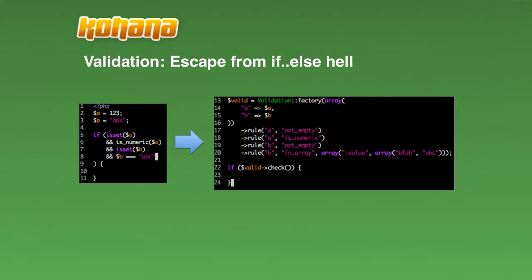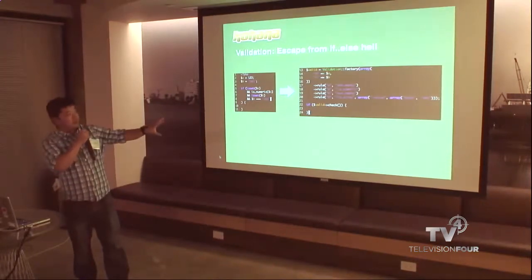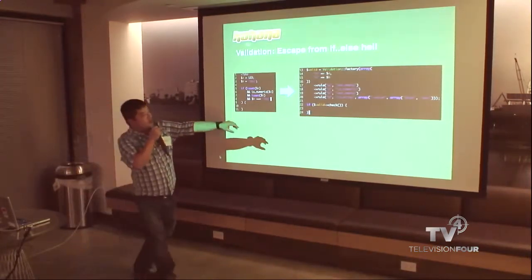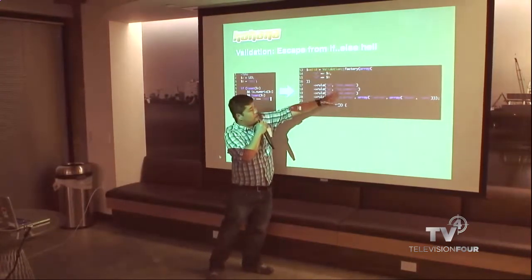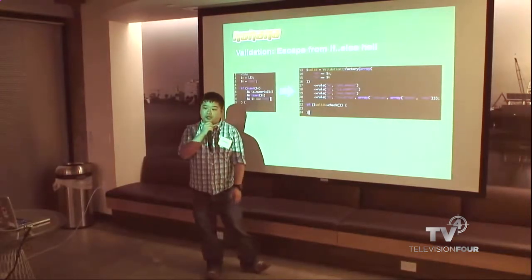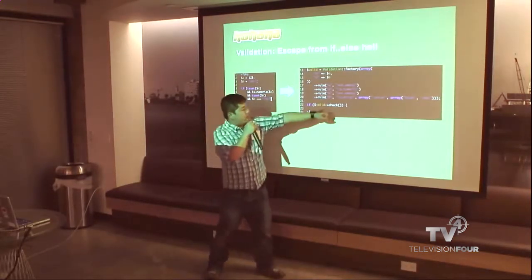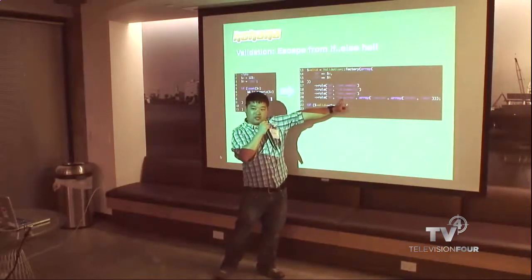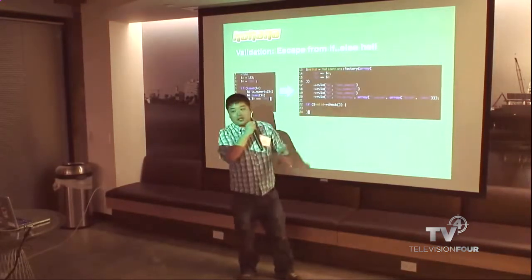So that's extremely useful, especially in the web space. We all know never trust the user input, right? So you want to do validation. You're going to run into a lot of that, and with this, you can do a lot. As you can see, not empty is simple. Is numeric is actually a PHP native function, right?